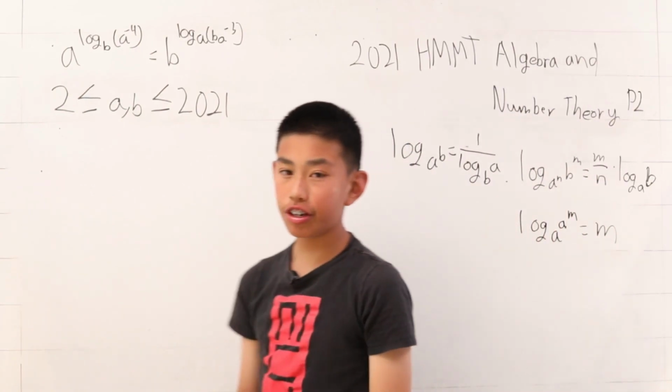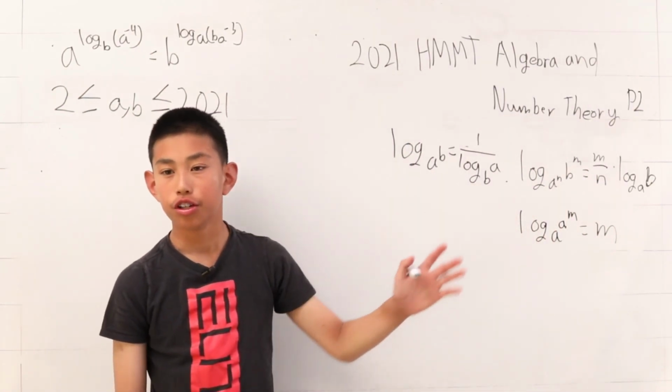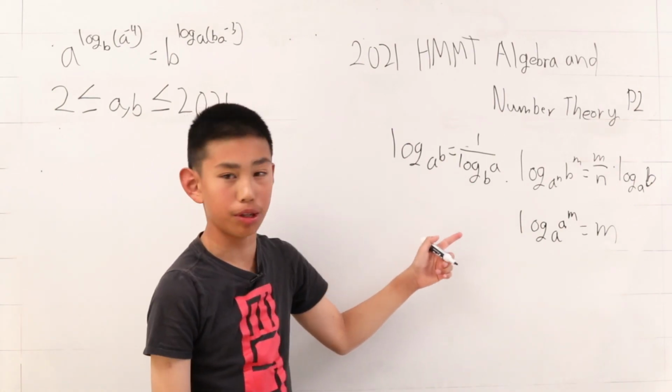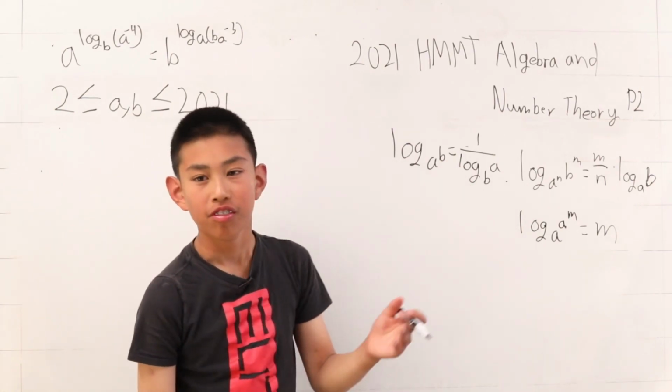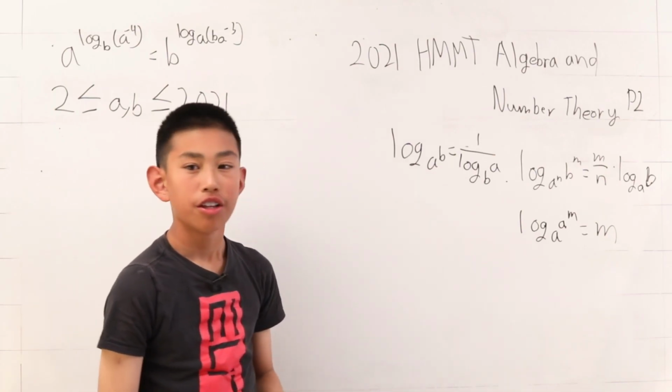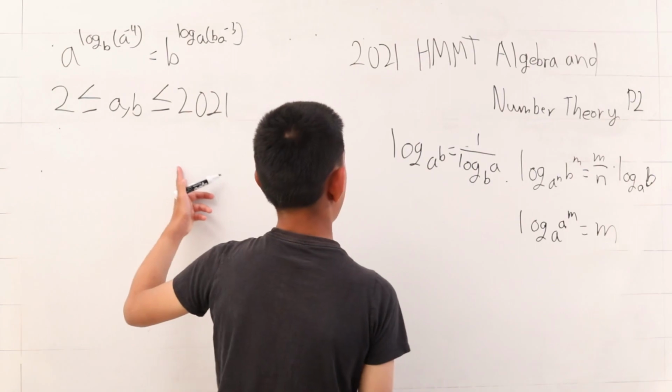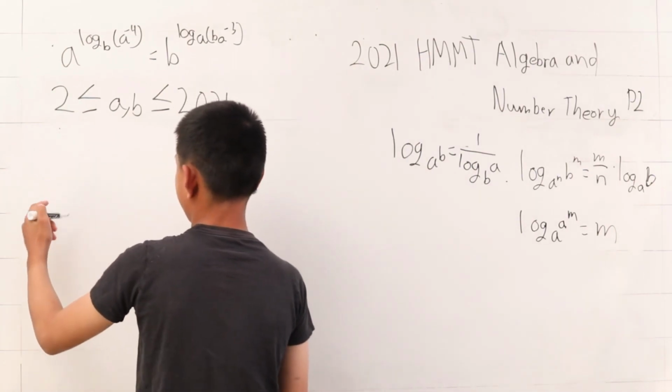Alright, so I've written down basically the three most confusing formulas that you'll need for this problem, and I'll explain them later as we go on. The first thing we need to do in this problem is take log base a on both sides.